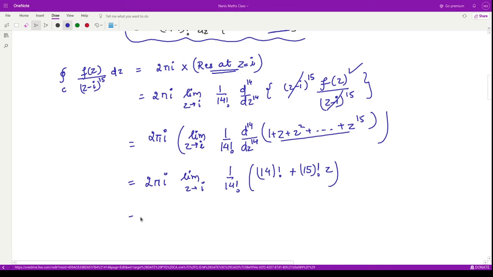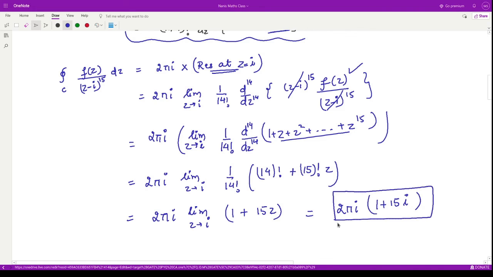So ultimately this 14 factorial and 14 factorial cancel. So we are only left with 1 plus 15 z. We can now directly substitute the limit, z goes to iota. So we have this as the final result.